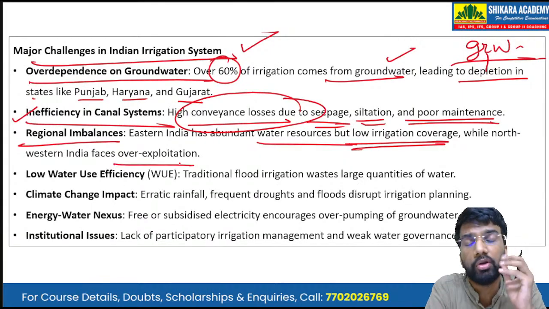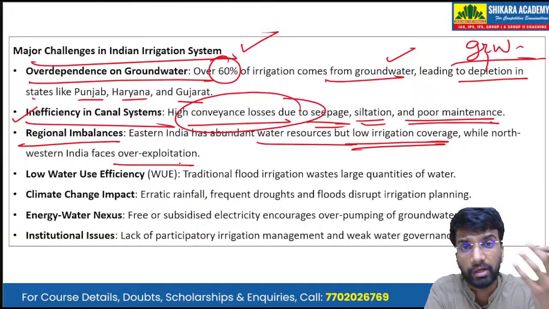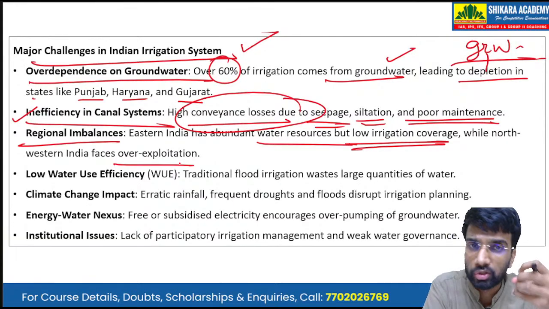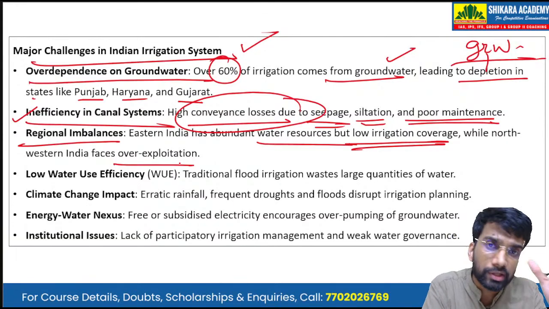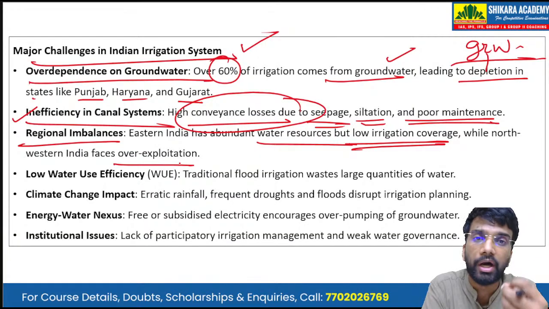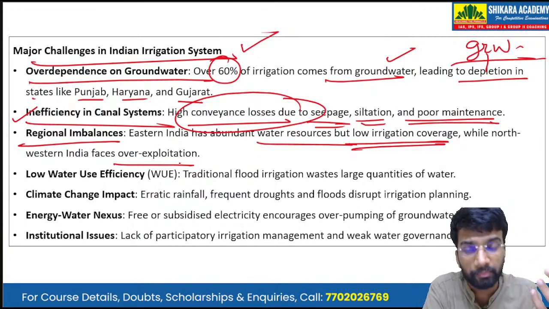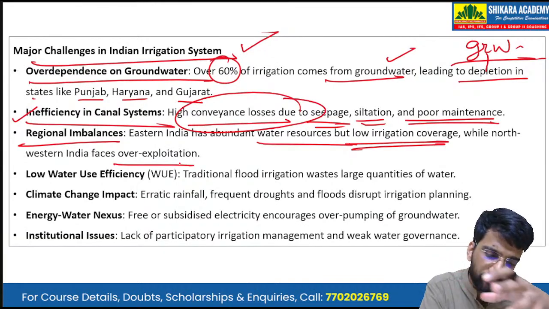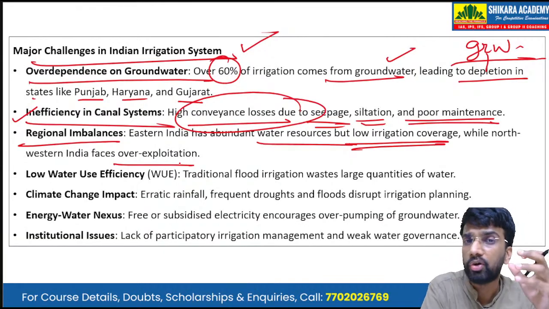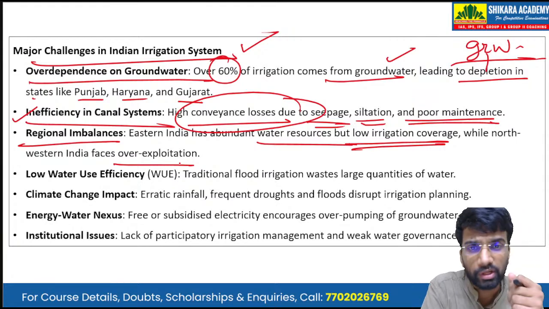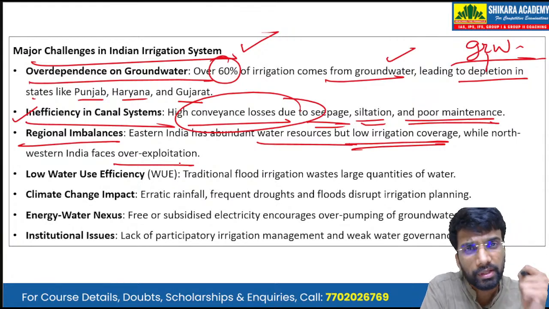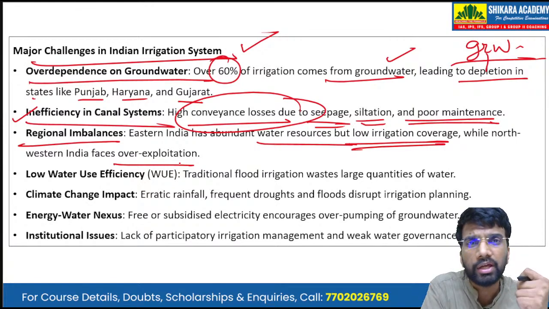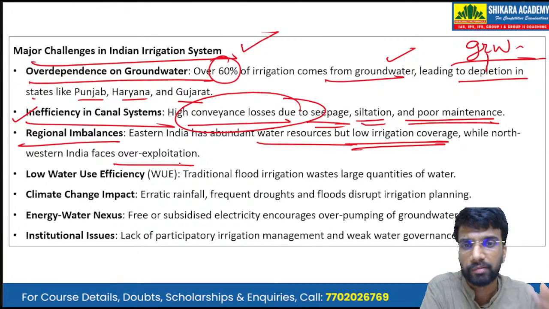In the northwestern area, particularly Punjab and Haryana, there is overexploitation of groundwater resources. The eastern part of the country, especially Bihar, West Bengal, Odisha, and Assam, is rich in water resources because of a very good network of rivers and tributaries. But the infrastructure for irrigation is not well developed in these states.